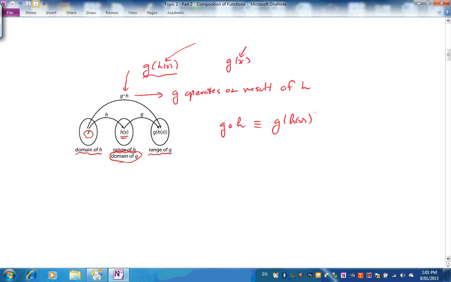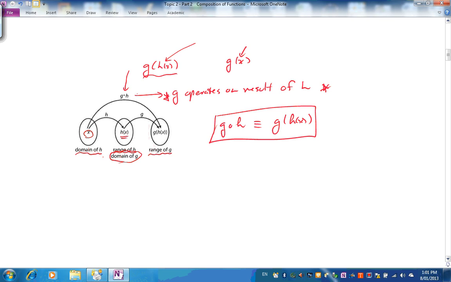So please just pause now and think what this notation means. Two different statements but meaning the same thing. Here g∘h or g of h of x means g must operate on the result of h. You do h first and then stick it in the variable hole in g, or the argument for g.